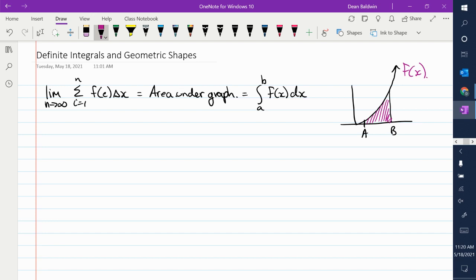This integral represents this area. Okay, that's what it means. The right endpoint is at the top, the left endpoint is at the bottom. Okay?